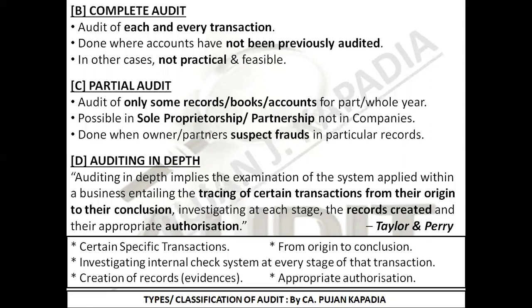Each and every transaction with each and every supporting evidence is totally examined, under which we are also checking the records created along with appropriate authorization, that is, power to authorize certain transactions. In short, auditing in depth basically talks about auditing in detail the entire transaction from its origin to its conclusion.